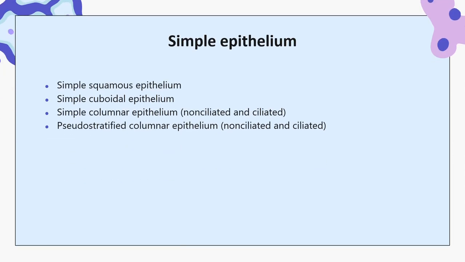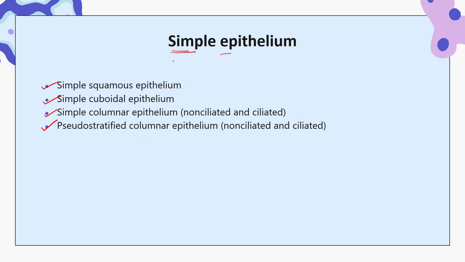So we will see all the epithelial tissues one by one. First is the simple epithelial tissue. As it is simple, a single layer of cells is present on the basement membrane. Now simple epithelial tissue is classified into simple squamous, simple cuboidal, simple columnar and pseudostratified columnar epithelial tissue.